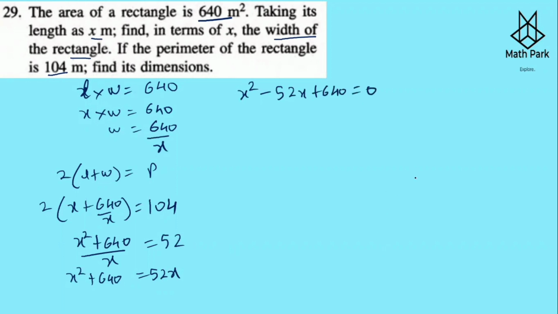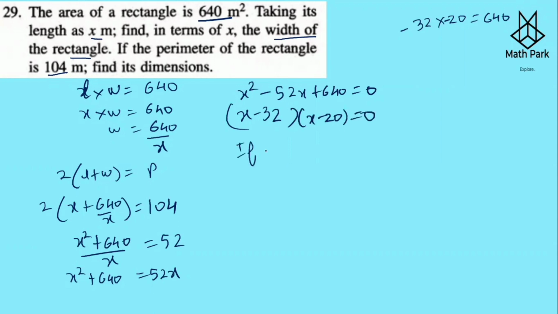So we need to factorize this. So factors of 640 adding to 52. 32 times 20 is 640. And we want the middle term is negative. So minus 32 times minus 20, 640. So the factors are x minus 32 and x minus 20 is equal to 0.